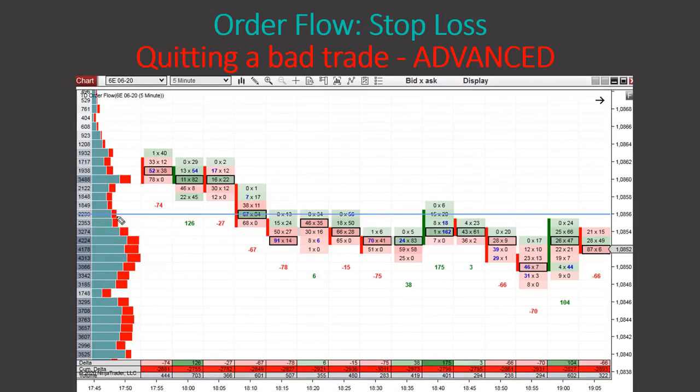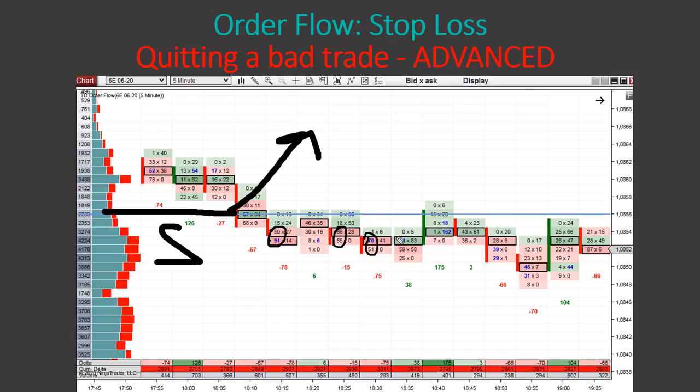Now another example, imagine you have a support in here, you went long, but there's no reaction at all, the price is still slowly going through your level. Huge numbers on bid, there is a selling imbalance. Again, big numbers on bid. Also in here, delta mostly negative.